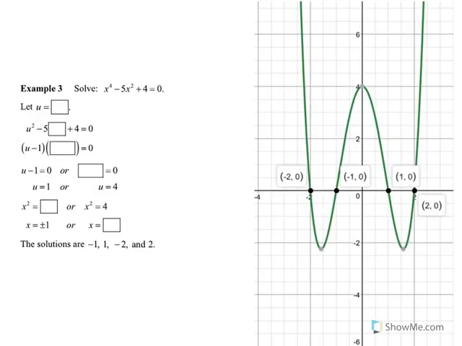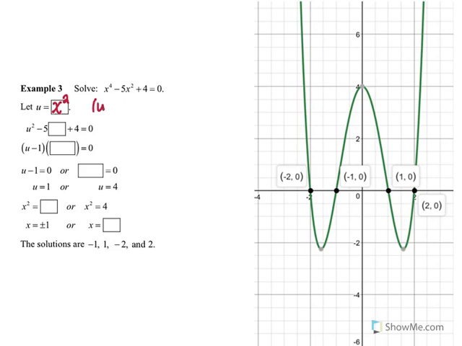There may be times when we come across equations that look like quadratic equations, but they're not listed as such, so we can make them into quadratics. We're going to let u equal x squared.